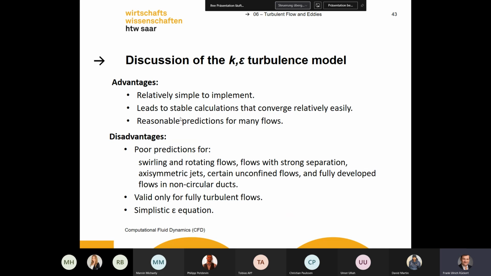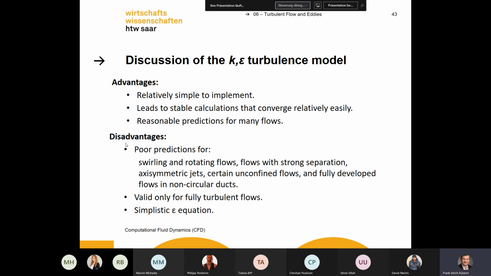Another advantage is that it is really easy to implement, and it's a stable calculation. It converges relatively easily. And it's also a really good model to predict and to describe many different types of flows.